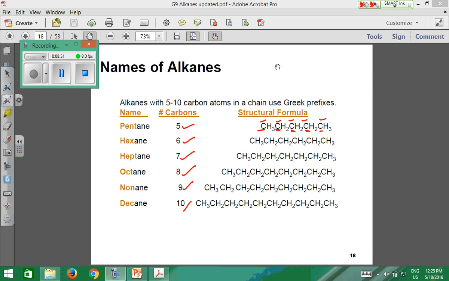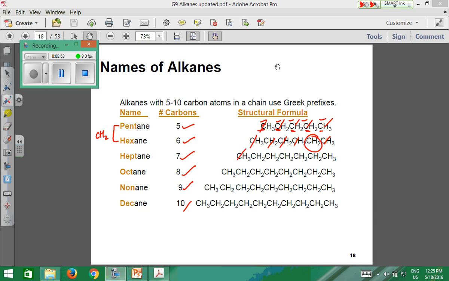So the important thing we can see between two consecutive members is we are just adding one CH2. See, if I just cancel this one with this, this one with this, this one with this, so what is remaining? So I am adding an extra CH2. Every time adding CH2.